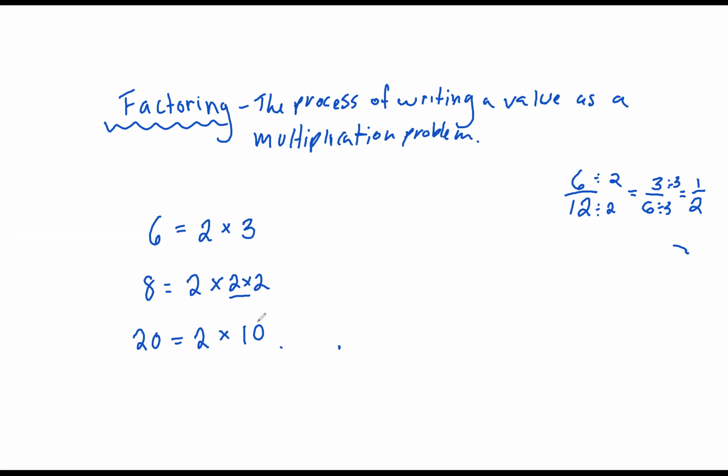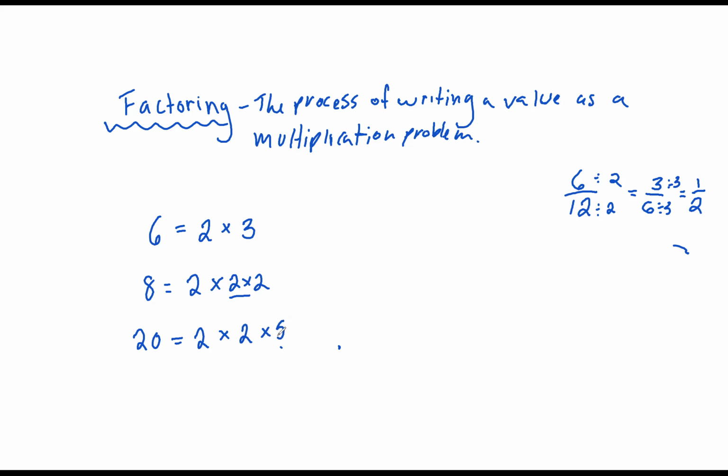Is there any way that I can continue to factor either one of those numbers? Well, the only way I can rewrite 2 is 2 times 1, so we won't worry about that. But 10, I can actually rewrite as 2 times 5. So whenever we're factoring, we want to factor completely. Whenever we're talking about factoring right now, we're going to practice factoring completely.